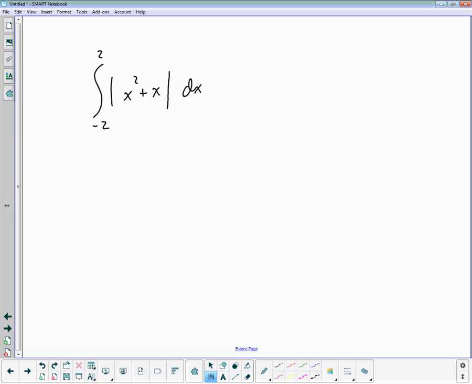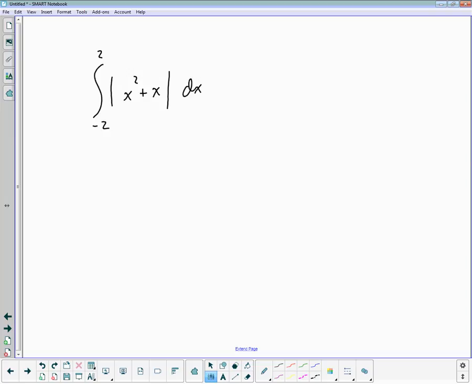Absolute value now. So, in this kind of a situation, the absolute value function does not have a straight integral.